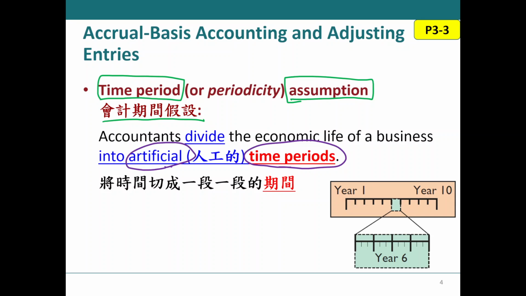Okay? So this time period assumption. Any questions? We divide the time into different periods artificially. So the time period could be 1 month, could be 1 quarter, could be 1 year.